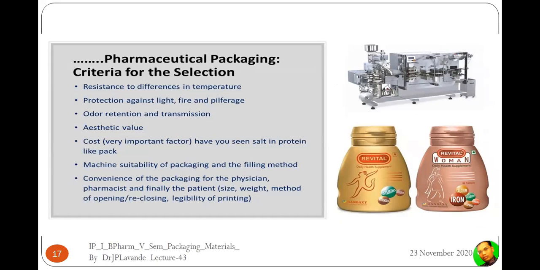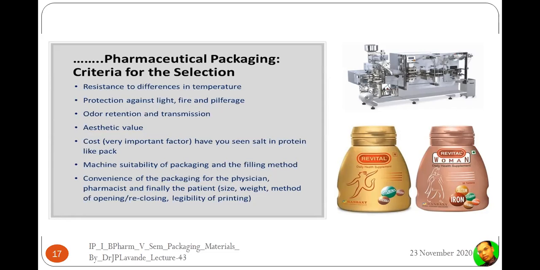But products like protein powders are packed into suitable containers whose packaging cost is much higher than that of salt. That is because of the product value. Table salt is very cheap, so it requires a simple kind of packaging, but protein powders are very expensive, so they require a high degree of packaging.